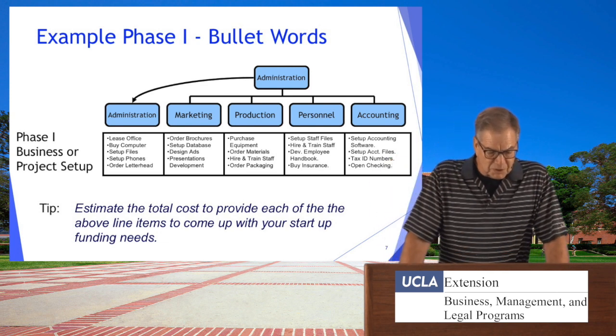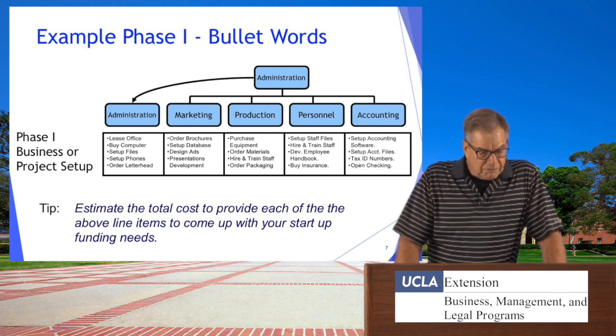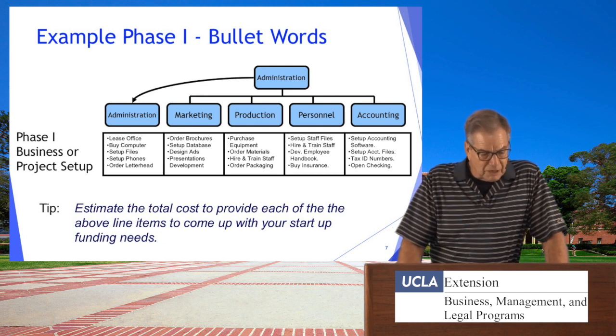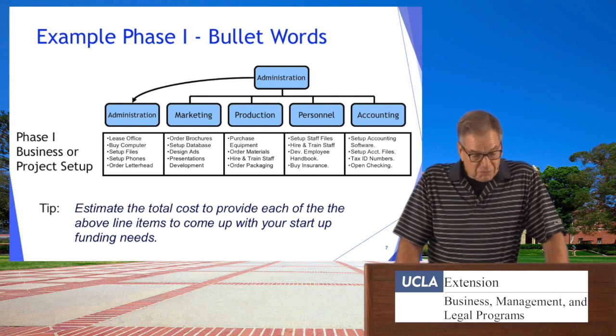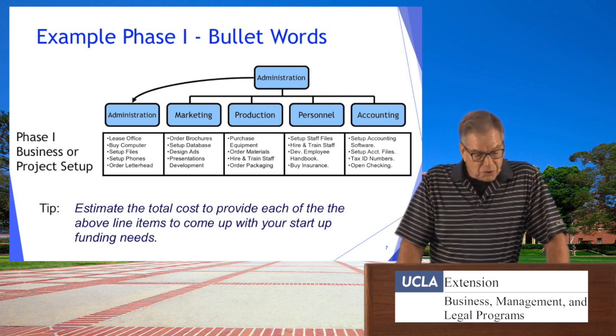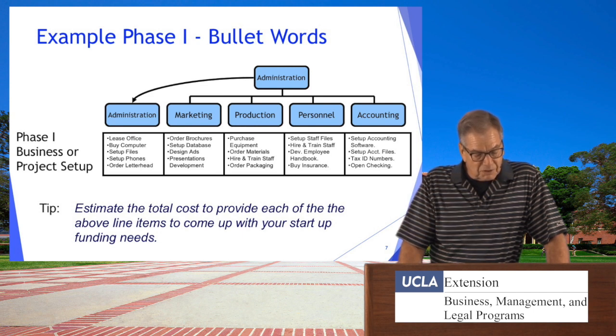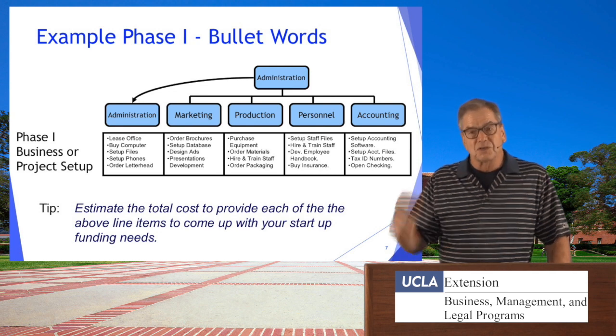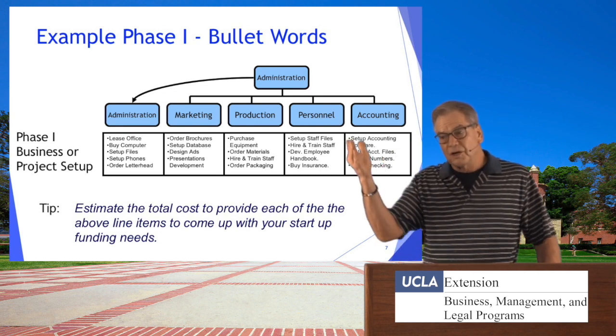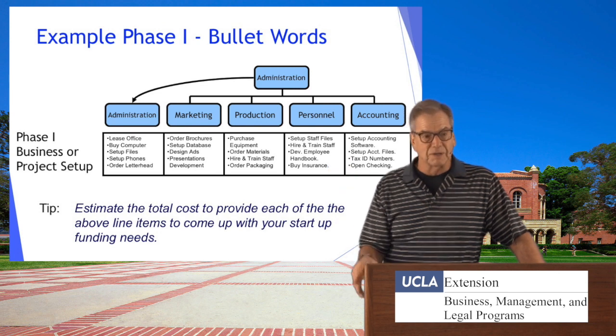So for instance, under administration, we have lease office, buy computers, set up files, set up phones, order letterhead. For marketing, we have order brochure, set up database, design ads, presentation development. So just dumb logic. What do we need to get started?